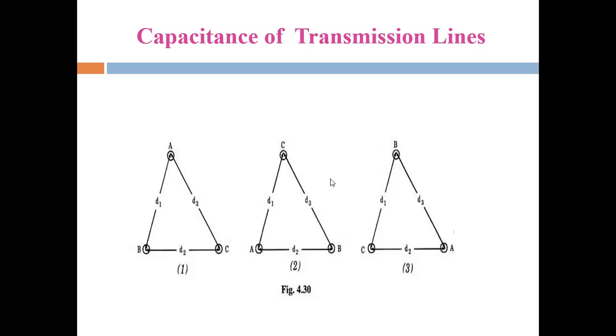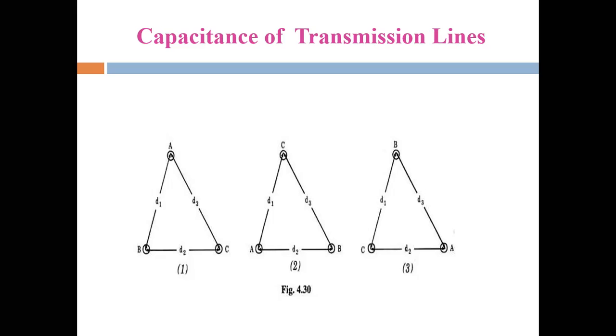That is the transposition of the conductors. Transposed means first we take ABC in the triangular form, second we take CAB, and third we take BCA.